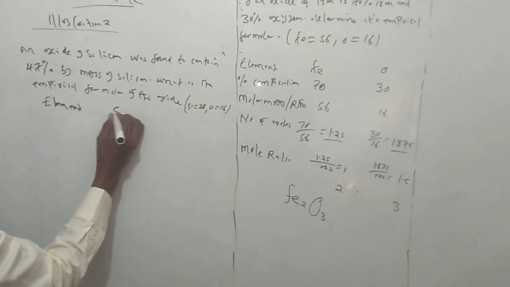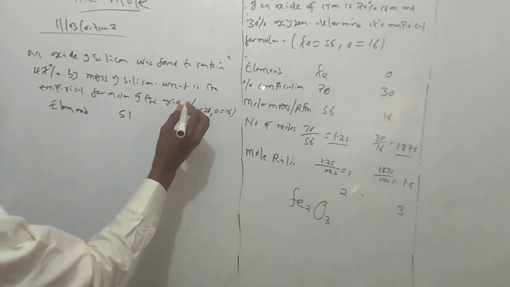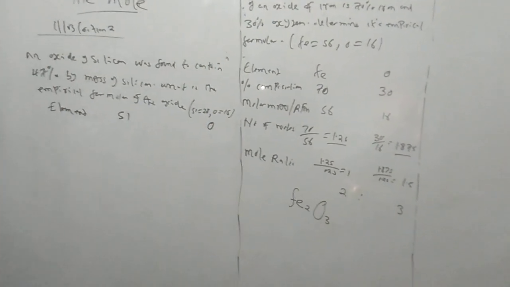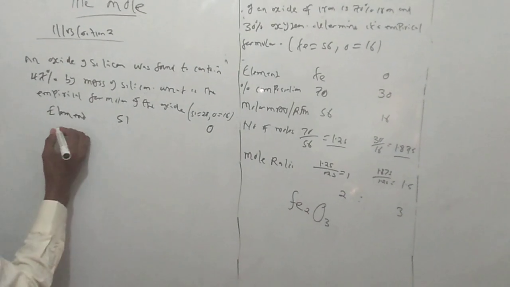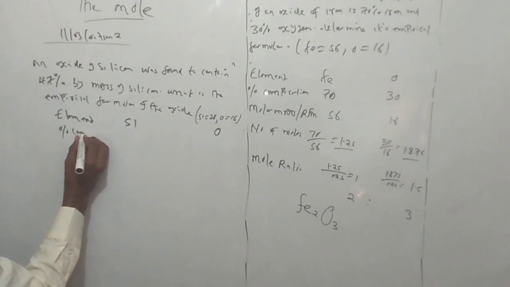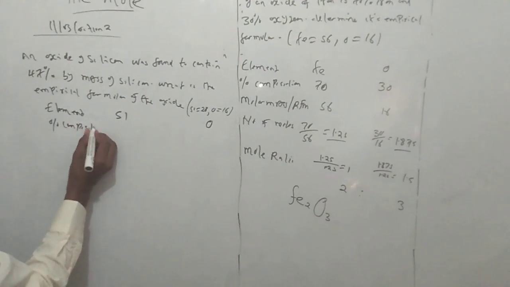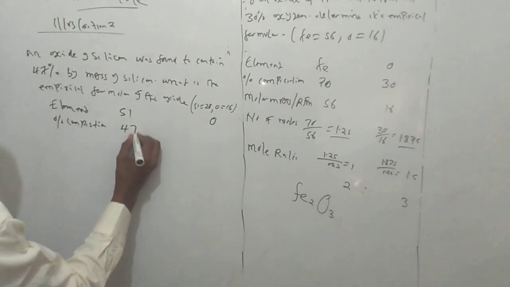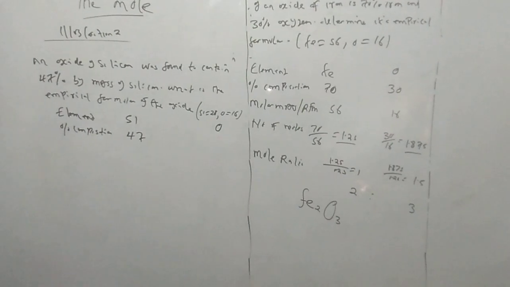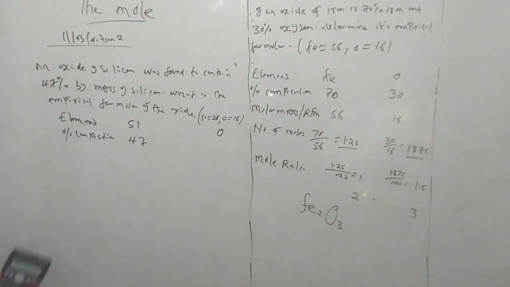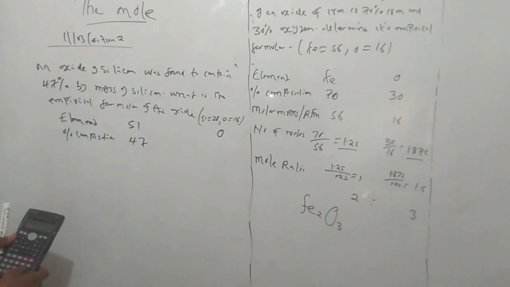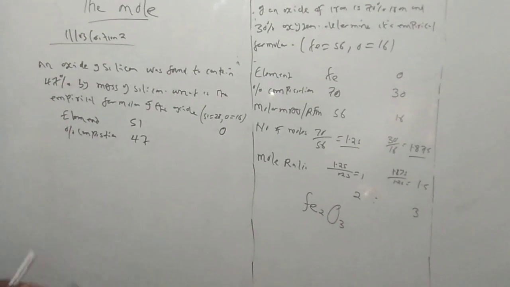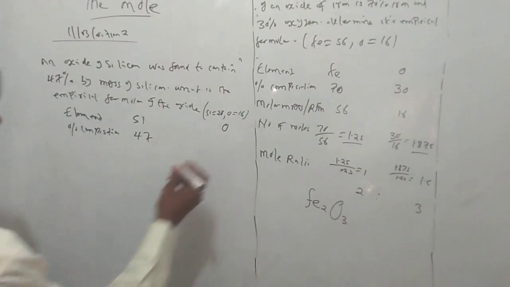Remember, we have silicon and we have oxygen. After the element, we write the percentage composition. Silicon, we are told, is 47. Oxygen, you take 100 because percentage is always normally 100%. So you take 100 minus 47, which gives you 53.